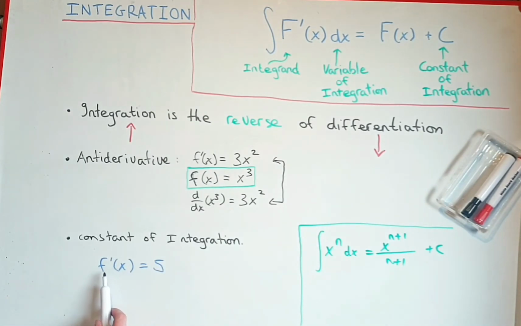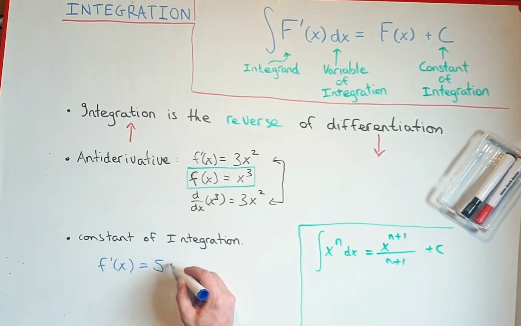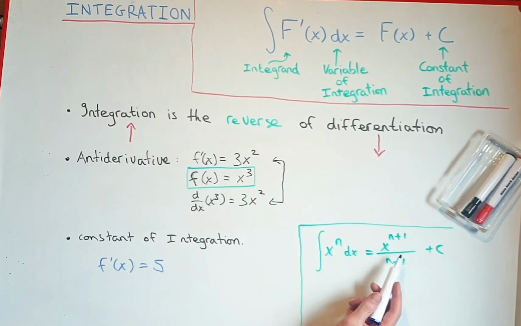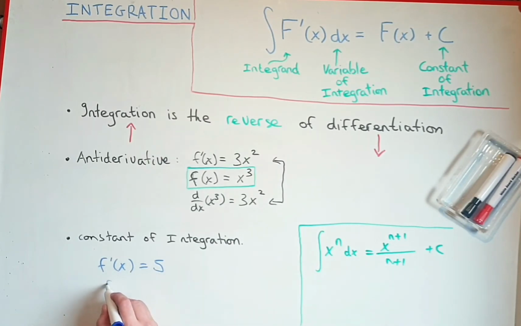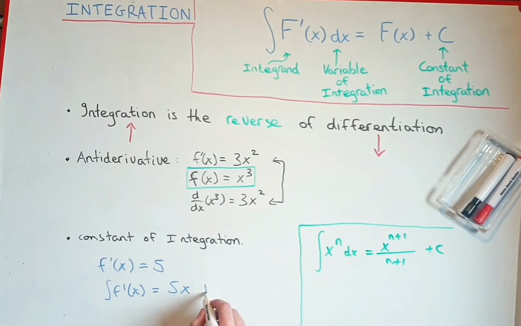Well, when we integrate this, we're essentially using the power rule implicitly, because it's like we have an x to the 0 there. So when we integrate it, we raise the power of this x to the 0. So the integral of this f prime of x is going to equal 5x plus c.